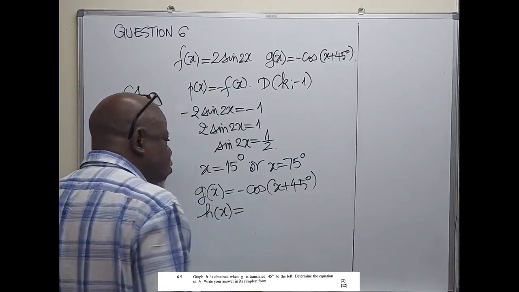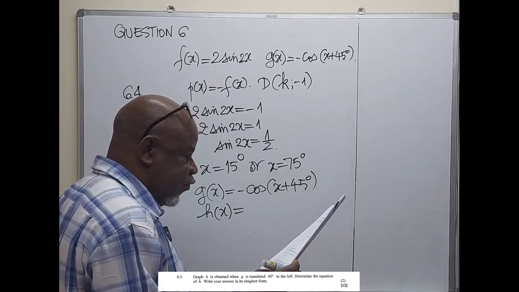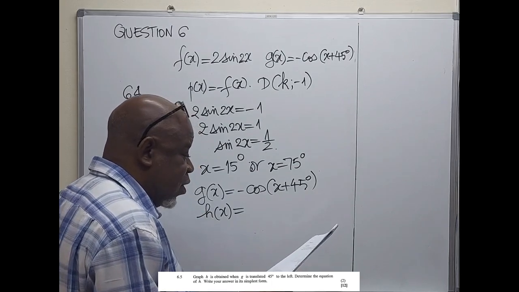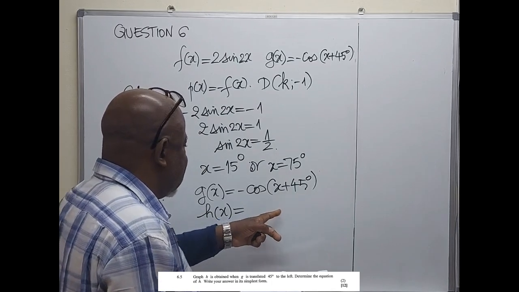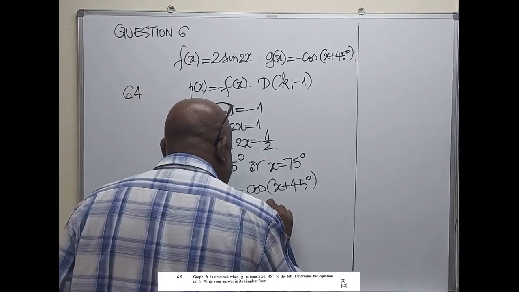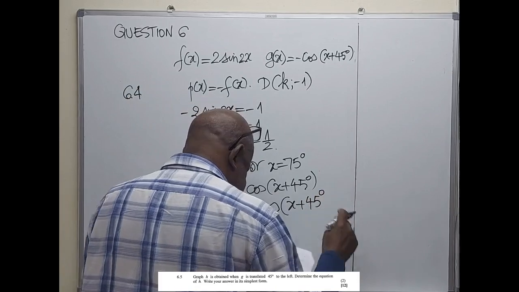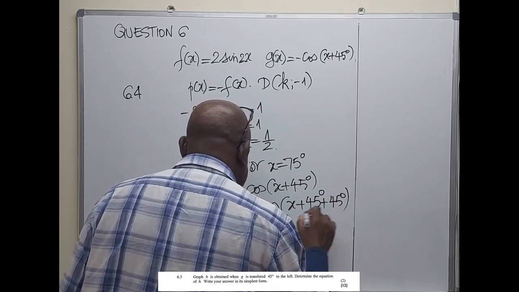And remember, when they are saying that G is translated 45 degrees to the left, we're going to add 45 to this angle. And our new function will be minus cosine of x plus 45 plus 45. Translated to the left, we add 45 degrees.